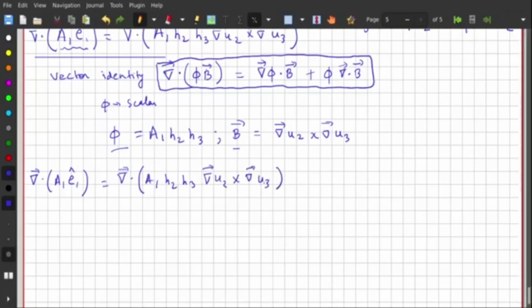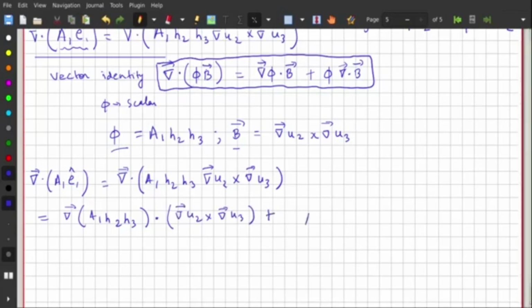That's what we had before, and now using the rule of this vector identity, recognizing appropriately what is phi and what is b, we can expand this as the grad of A1 H2 H3 dot product with grad U2 cross grad U3 plus A1 H2 H3 times the divergence of this vector, grad U2 cross grad U3.